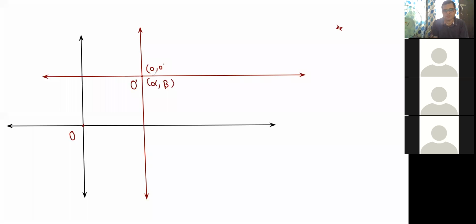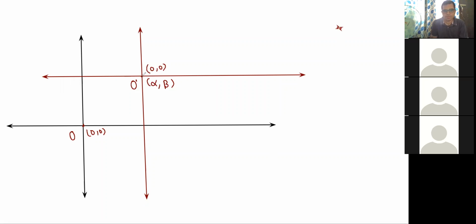Now it has become 0 comma 0 according to the new origin. Earlier this was 0 comma 0. Now when you shifted the origin, this alpha comma beta became 0 comma 0, right? So this is the benefit, that if you shift, then you can eliminate these things, alpha comma beta.